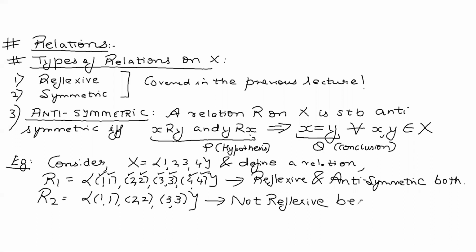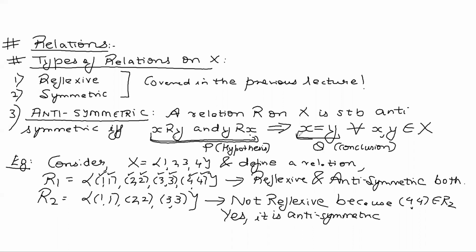Why? Because (4,4) does not belong to R2. But is it anti-symmetric? Yes, it is anti-symmetric. Because in the anti-symmetric definition, look at the definition. What was it? If X is related to Y and Y is related to X, X should be equal to Y. So you can see in all these cases, X is equal to Y.